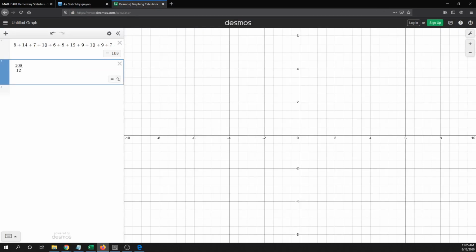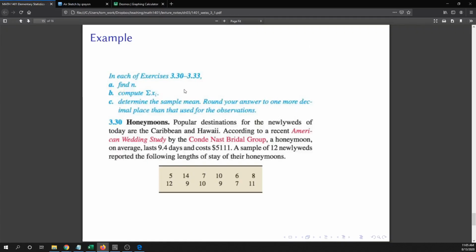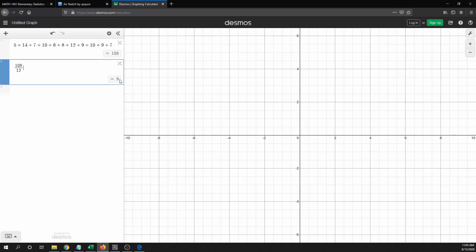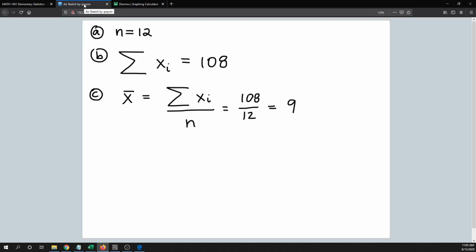You get 9. But remember, they also specifically asked us to round our answer to one more decimal place than that used for the observations. It came out to be a whole number, so there's really nothing to round there, but they want the answer to one more decimal place, which is a pretty common practice, and certainly in our book.